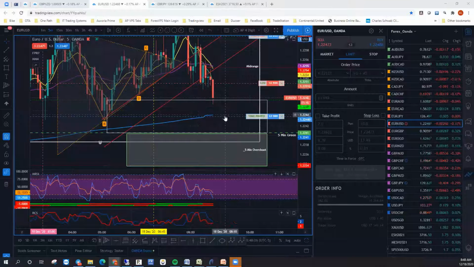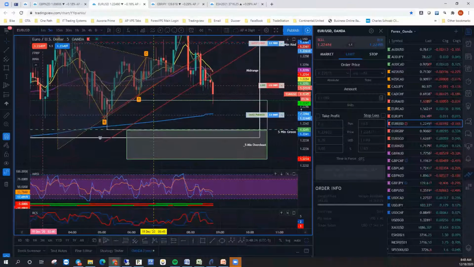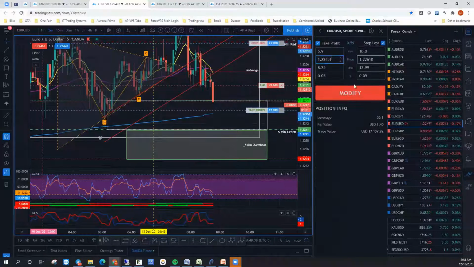Nice little push down coming into our trap zone. Let me move my target up just a little bit so it gets filled.